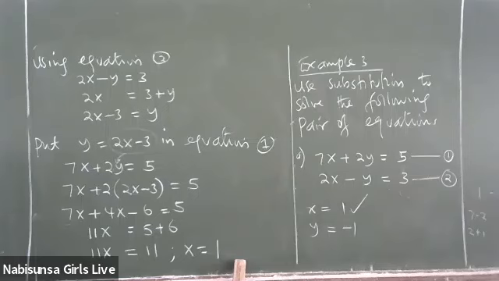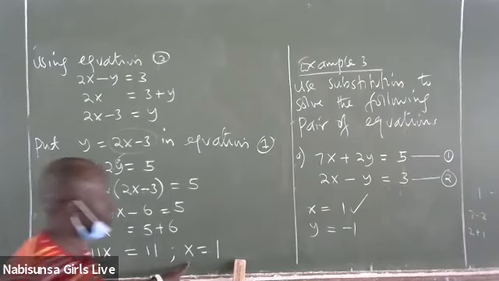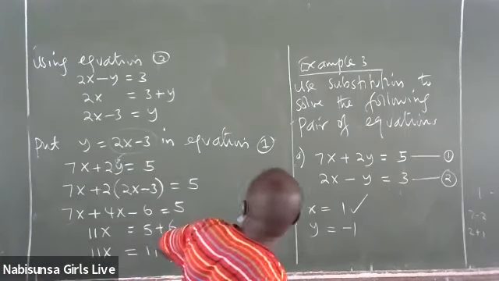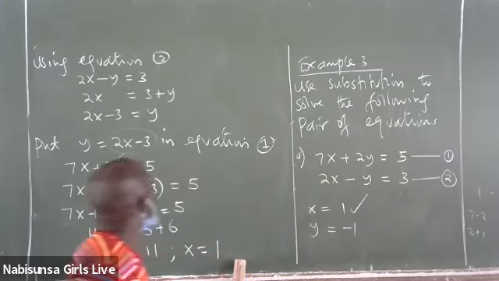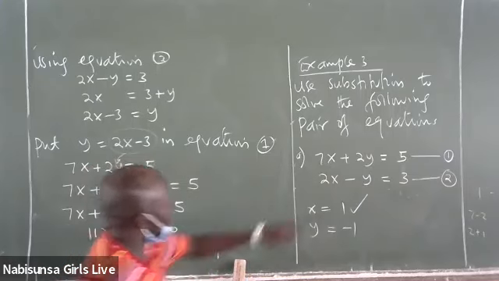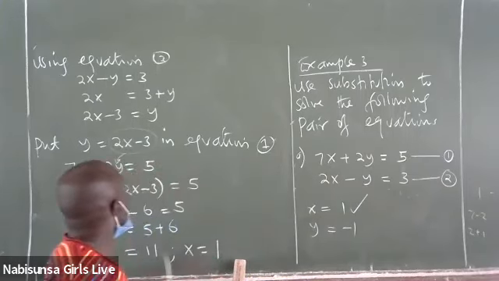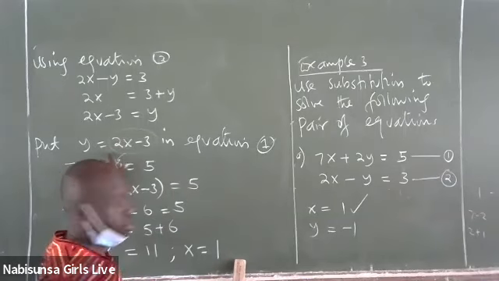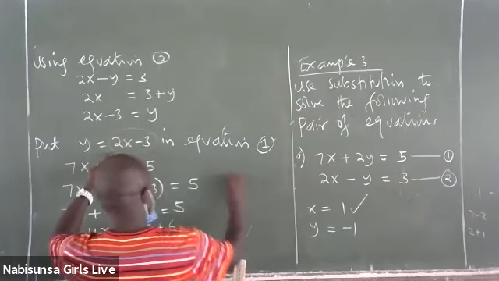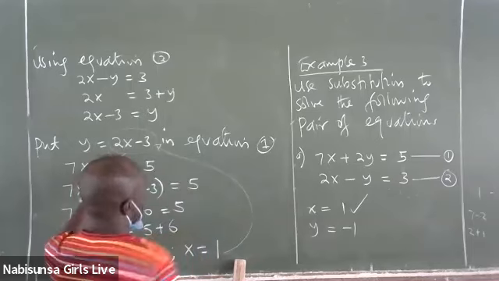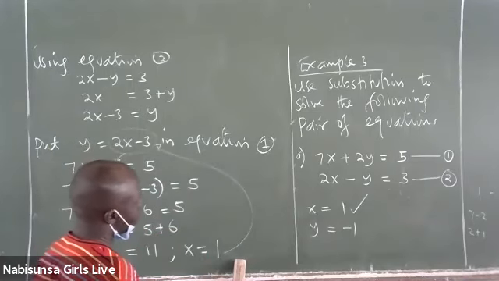So your next step is to look for the value of y. You are at liberty to put this x in equation 1 or in equation 2 or just here. You can just replace it back here. Yes.